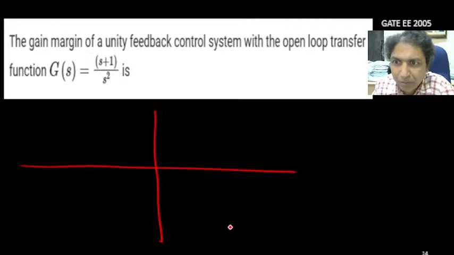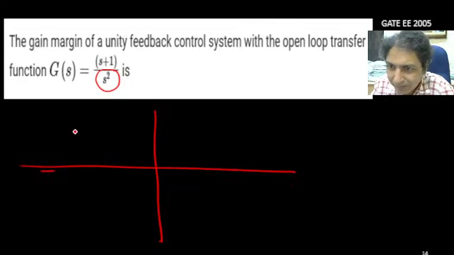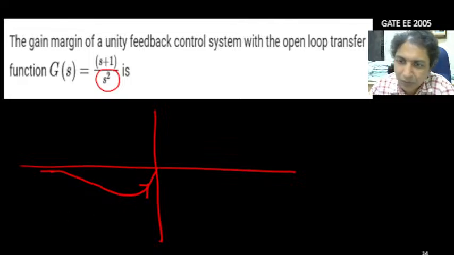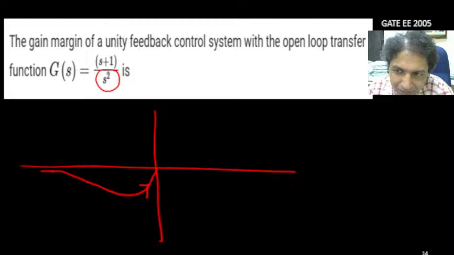Why? Because GSHS you can plot it. So what is the plot for this one? As a square term is there, it will start from this side, and then one zero is there. The zero will provide positive phase, so ultimately it will go to this side, again similar to the previous one, but this is the plot.